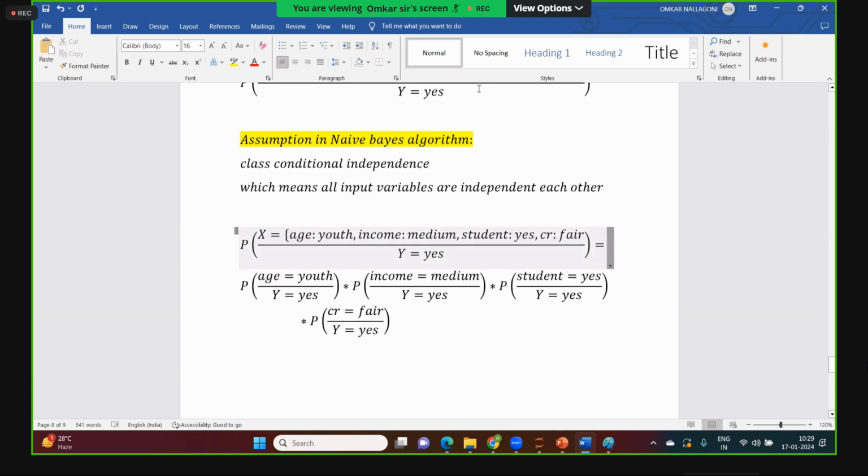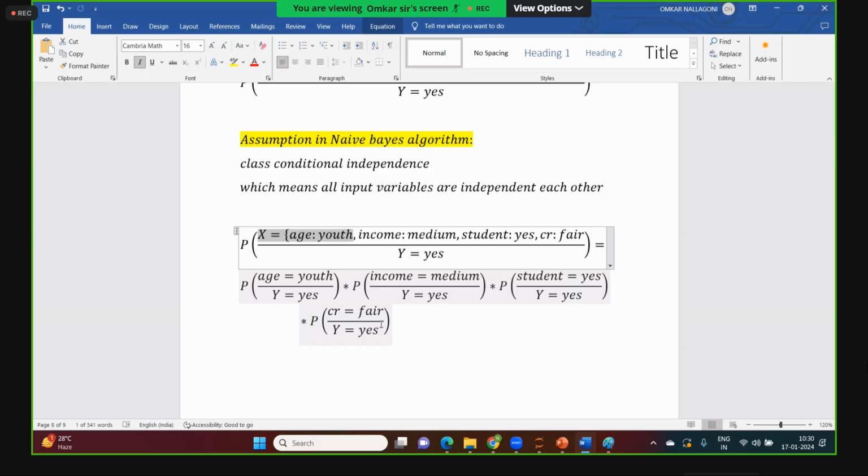Is that clear? Can you please confirm in the chat? So the assumption is the heart of Naive Bayes. What is the assumption? Class conditional independence. All variables are independent of each other. That is not possible in real time, but you assume it before you pass the data to machine learning.